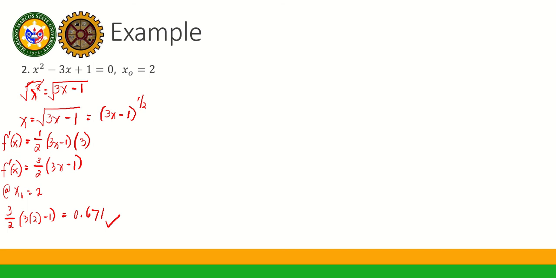Okay? So we stop at x sub 4 din, gaya kanina sa una. So at k equal to 0, we have x sub 0 equal to 2. So x sub 1 natin is equal to f of x sub 0. So this will be equal to, ito yung gagamitin natin, 3 over 2 times 3 times 2 minus 1.